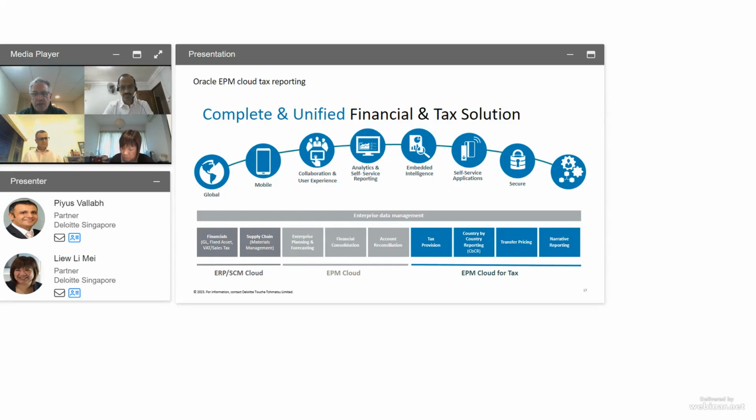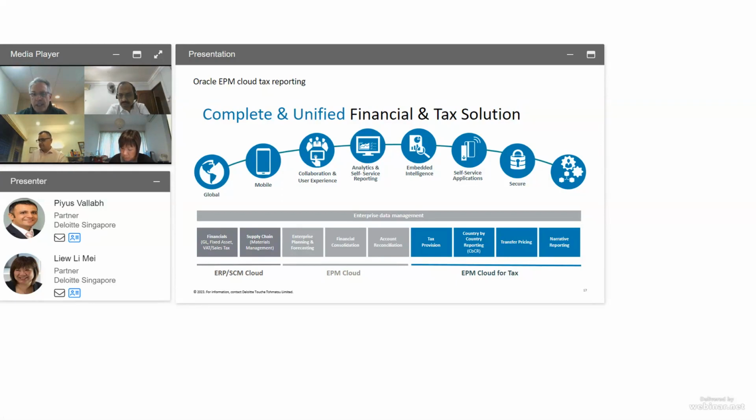Starting at the left, in the left box under ERP, you'll see the financials, fixed assets, and the indirect taxes are managed, supply chain as well. And then we move to the EPM cloud, where our planning and forecasting solution, our financial close, and our account reconciliation solutions are also managed.